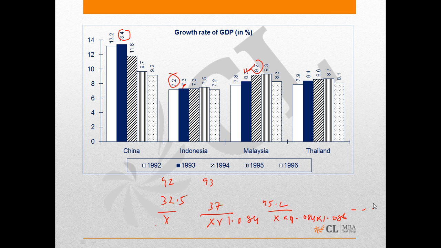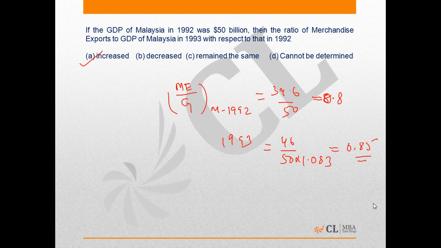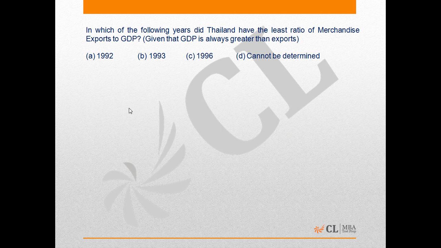Therefore, the least value of the ratio of the merchandise export to GDP was in 1992. Therefore, option A is the correct answer.